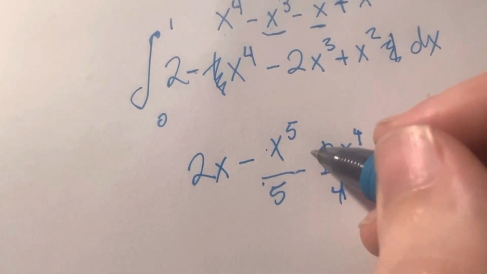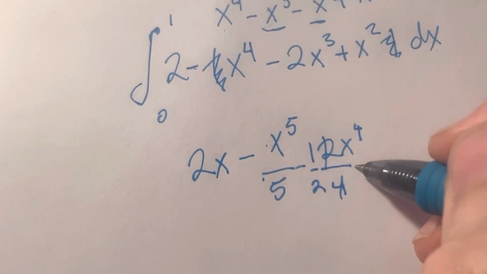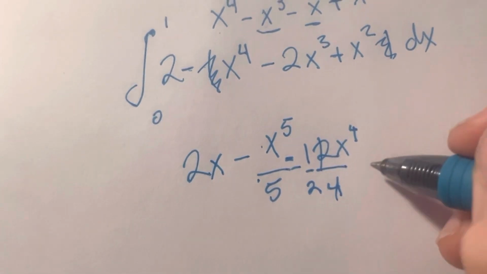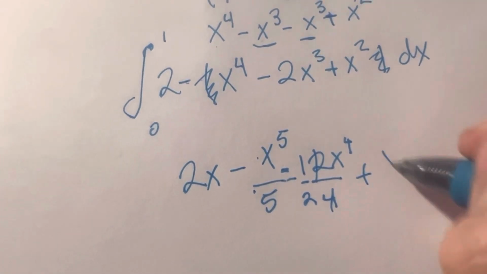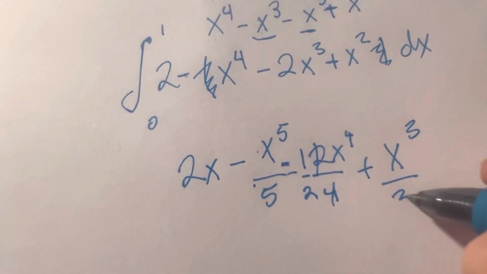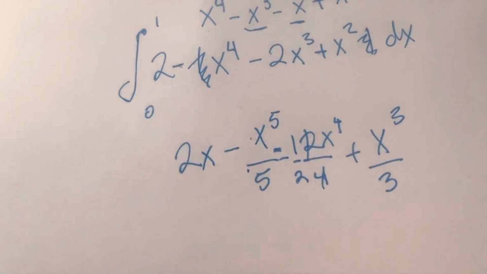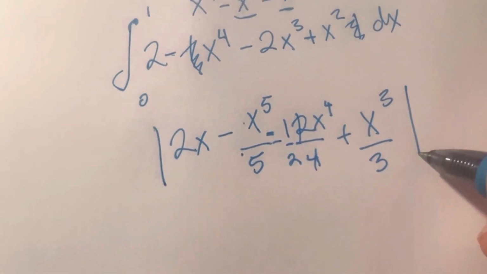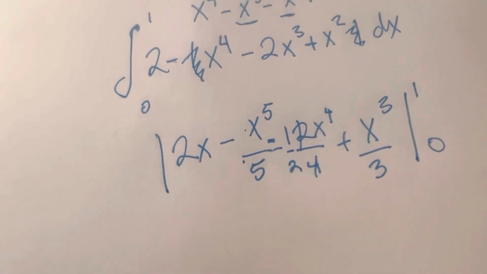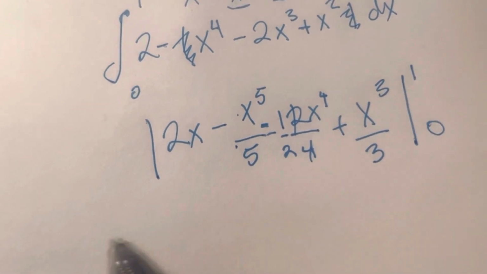This could be simplified to 1 over 2, with a minus sign, plus x cubed divided by 3, evaluated within the limits of 0 and 1.